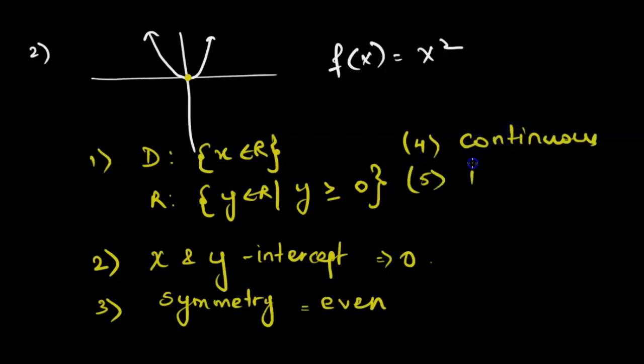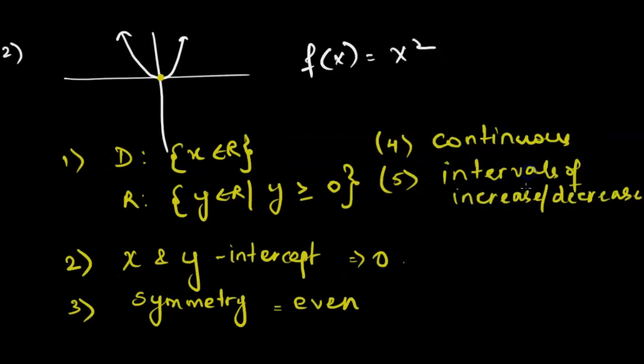Next we have intervals of increase and decrease. For intervals of increase and decrease, we always write from left to right. So when we go from negative infinity on the x-axis to 0, we notice that this graph is starting on top and going down. We are never supposed to check from the middle to the end for intervals of increase and decrease. We're always going to check from left to right. So we check the left side and we check the right side, and we notice that this graph is going down.